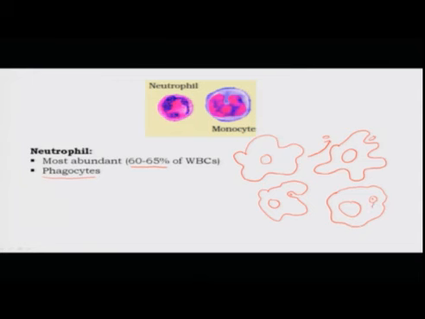Now, this phagosome will fuse with another organelle known as the lysosome, and the lysosome has a lot of enzymes which will chew up the bacteria and completely destroy it. So, in this way the phagocytes can get rid of a lot of bacteria or other foreign organisms that enter into your body and prevent them from harming you.